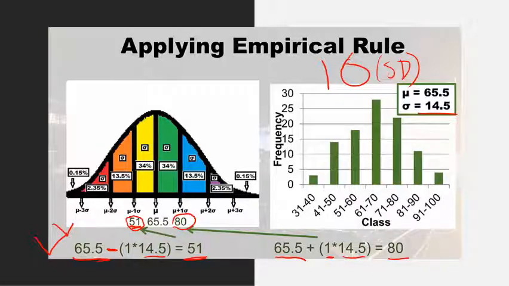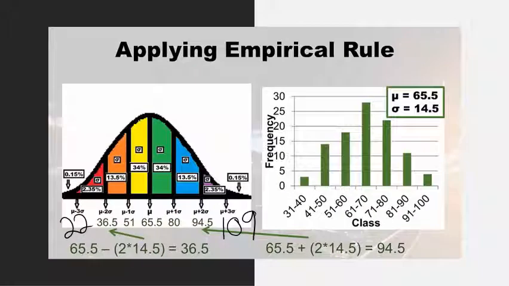That means that 68% of the data, or the test scores of the students, fall between 51 and 80 on their test. That's what this is telling us. I went ahead and put these two in here, but we haven't gotten there yet.